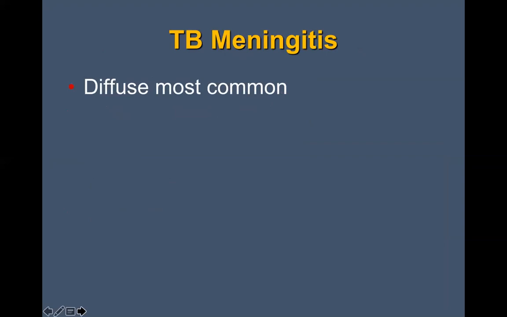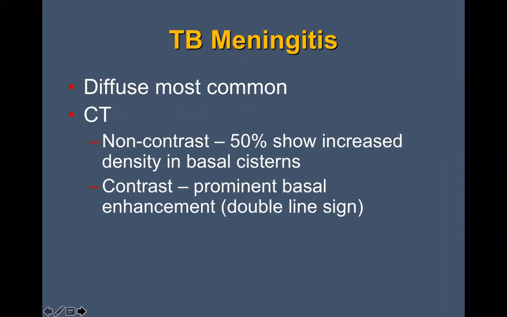TB meningitis is unfortunately quite common, and usually it gives you a diffuse type of meningitis. CT is fairly successful at suggesting this, although it's not 100% visible. Usually when we're doing a CT of the brain initially on patients, we're looking for bleeding, so we tend to do a non-contrast CT.